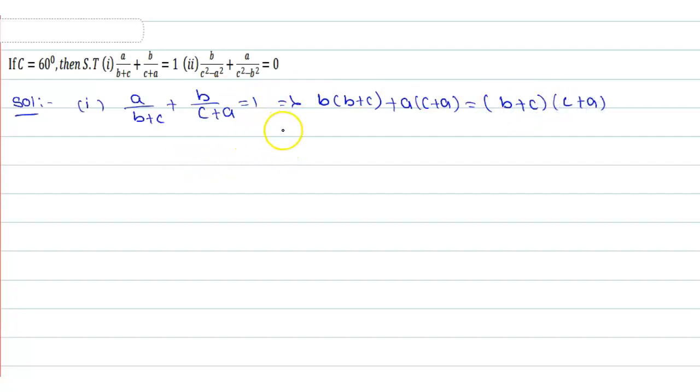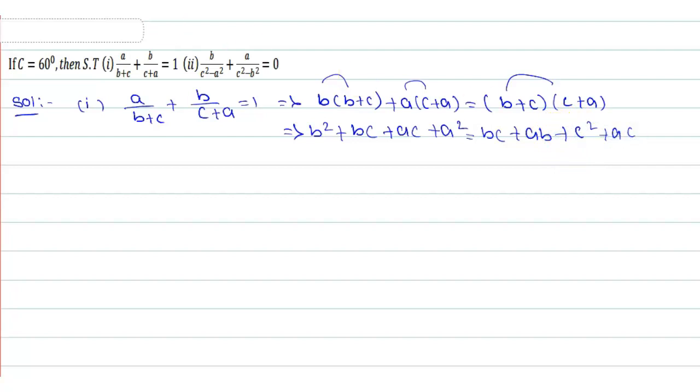Now multiply: b into b goes to b square plus bc. Next ac plus a square is equal to bc plus ab plus c square plus ac.